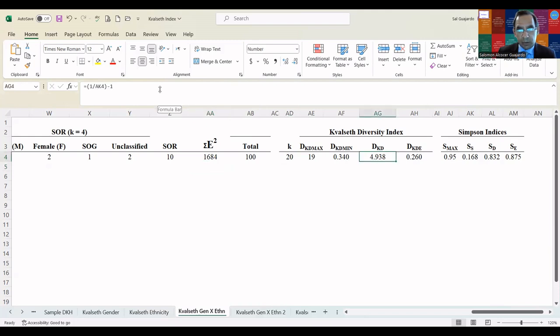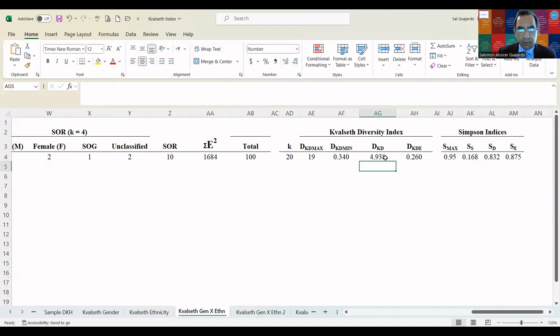Again, remember that the Kvalseth homogeneity index is 1 divided by the Simpson concentration score minus 1. So here's the formula. So it's going to be 1 divided by the Simpson concentration score, which is 0.168. So 1 divided by 0.168 minus 1 gives me an odds ratio of 4.9.